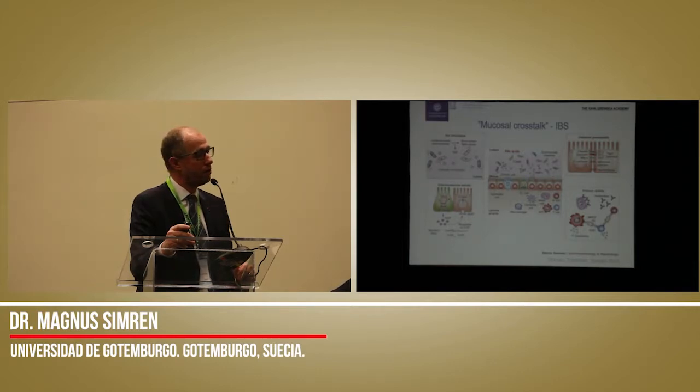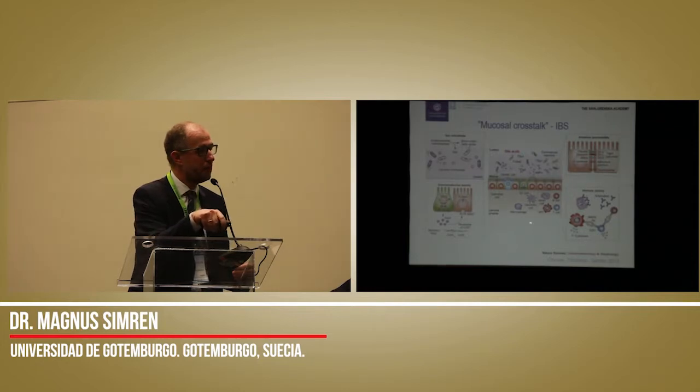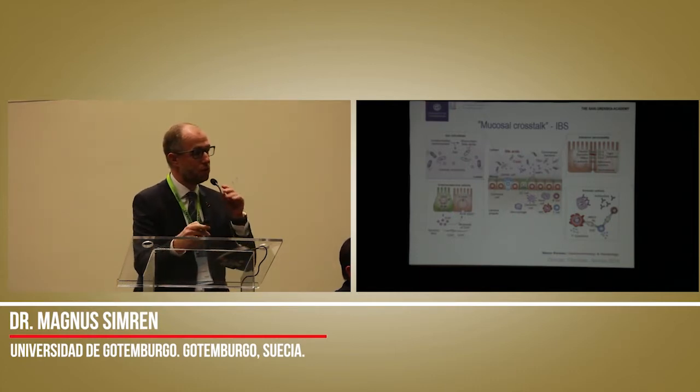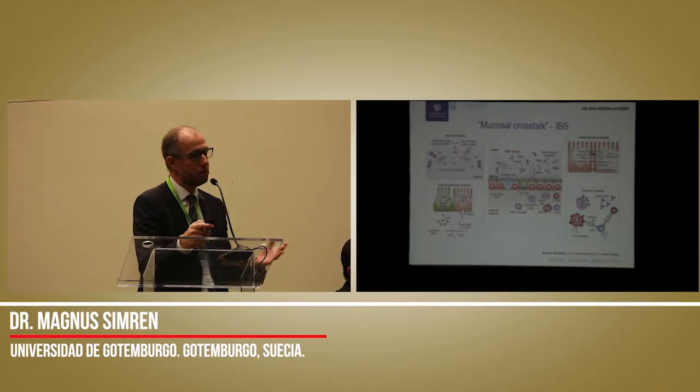There are several factors involved in this, and we heard already about the gut microbiota, which of course are important players in the mucosal crosstalk, but there are also immune function, barrier function, and luminal factors such as bile acids and food. And many of these have been implicated in trying to find new treatment options for IBS. Some of them successful, some of them less successful. I will show you some of the treatment options that we can use today, and something that might be relevant in the future.